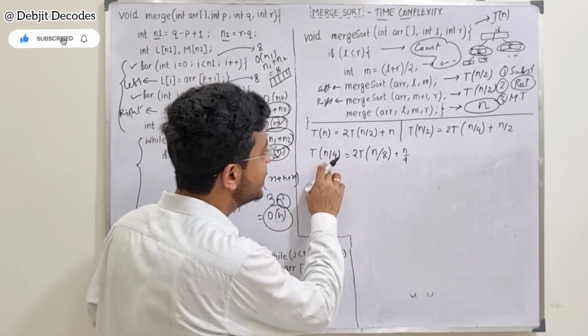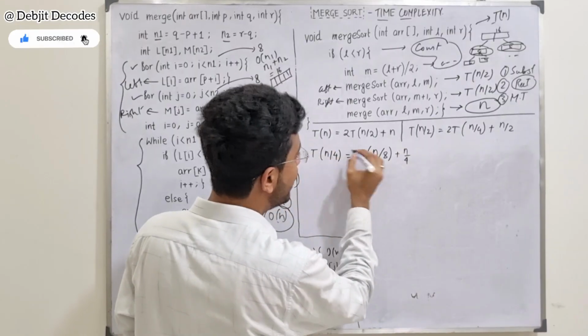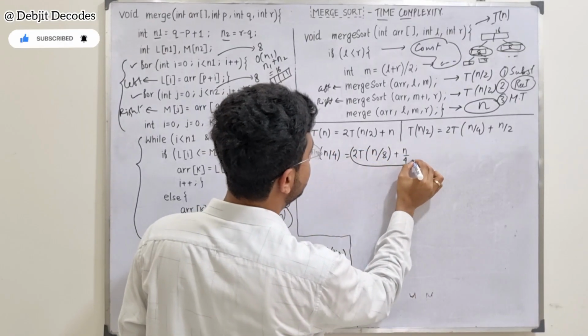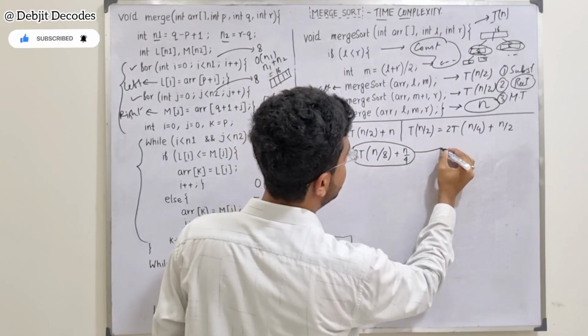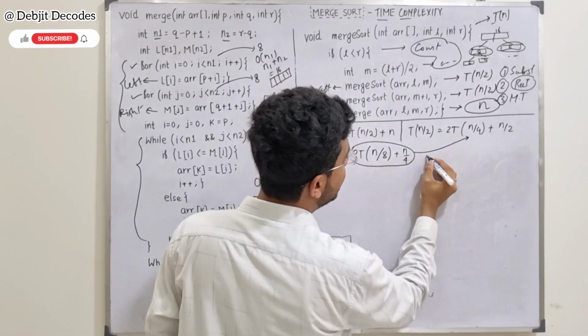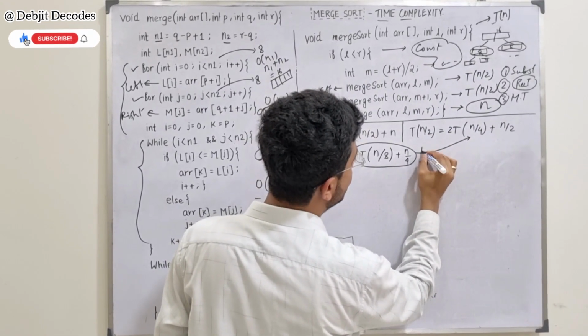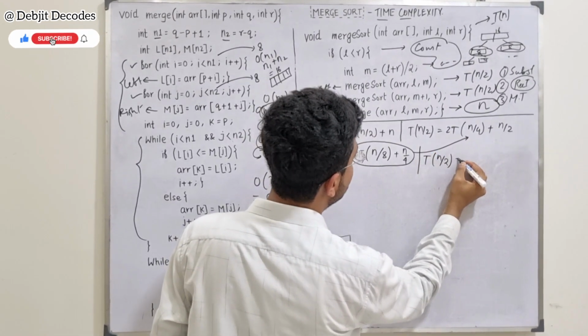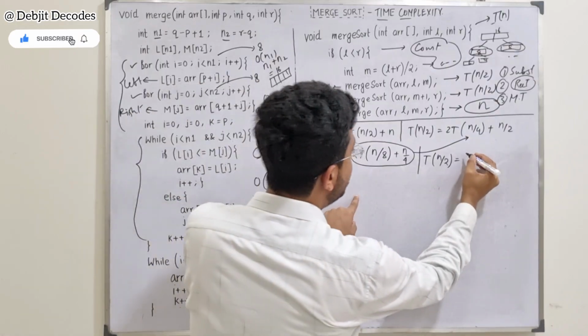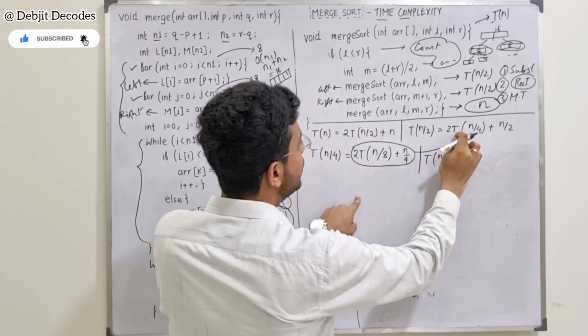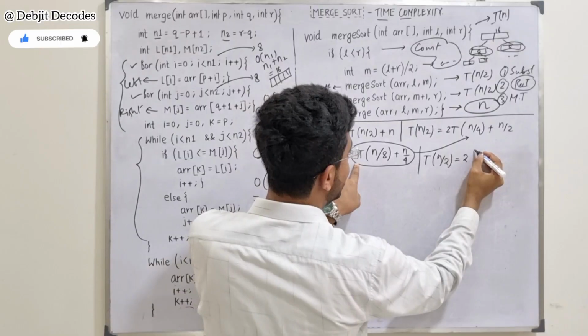Now there is T(n/4), so if you replace this particular value here, what would it be? T of n/2 is nothing but 2 into, what is the value of T of n/4? This whole thing is the value of T of n/4. So 2 into 2T(n/8) plus n/4, and there is also n/2. So it is 4T(n/8) plus 2 into n/4, that is n/2, plus n/2. So it is nothing but 4T(n/8) plus n, right?